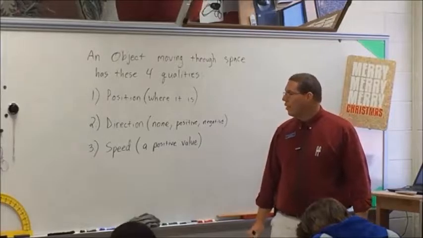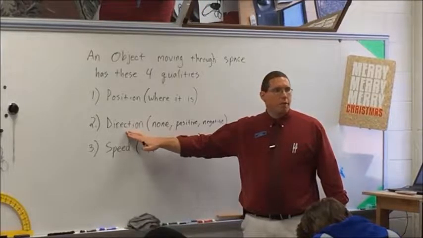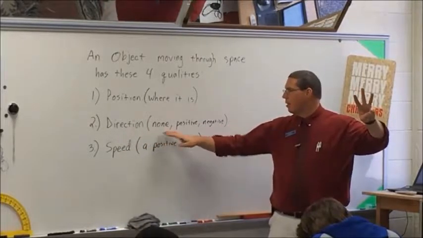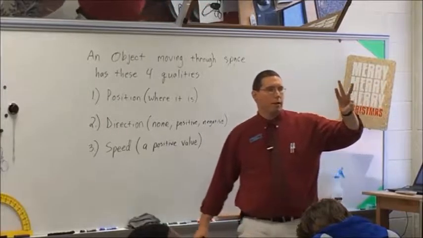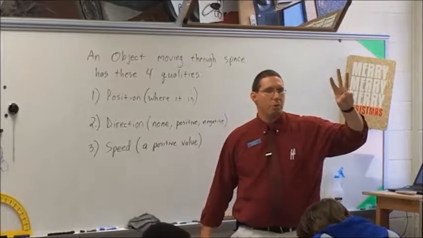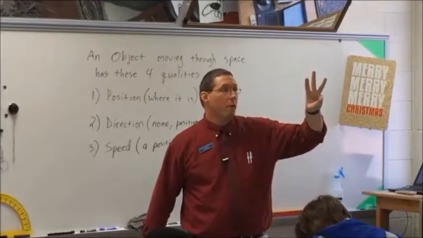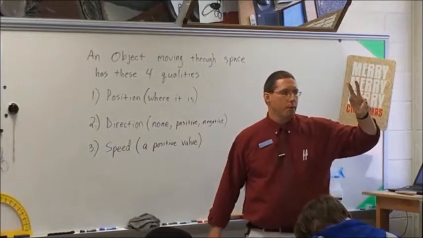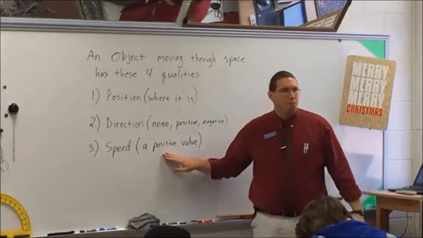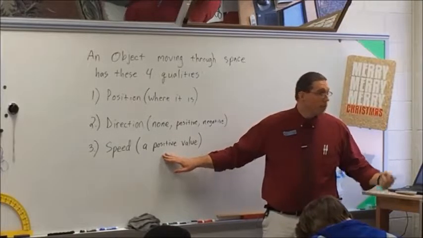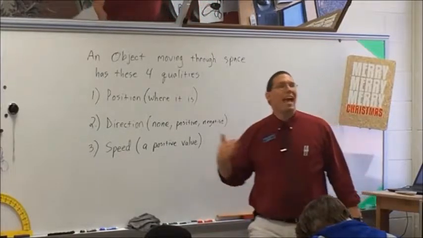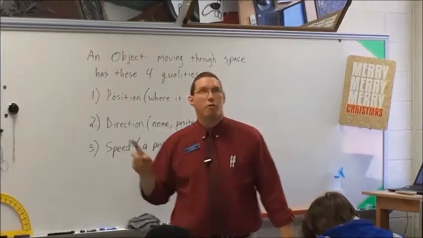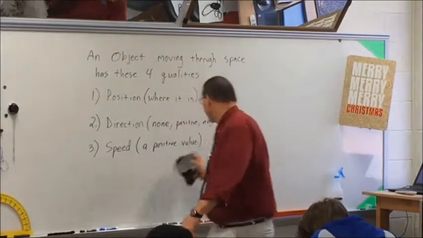For direction, there's only three possibilities: positive, negative, or none, which would be zero. You know how many possibilities there are for speed? An infinite number, because it can be any positive value. Excuse me, hang on, I have to change this.